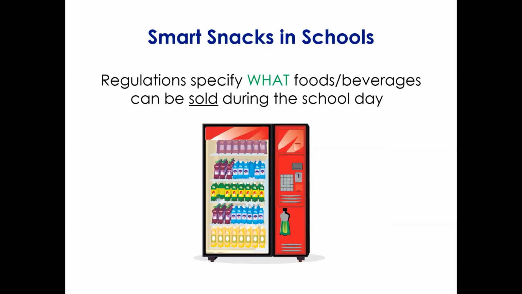Let's say you have a snack. It can be 200 calories or less, not 201 or 202, per serving. Then sodium requirements, total fat percentage, saturated fat, trans fat, and total sugar. It has to meet those requirements.